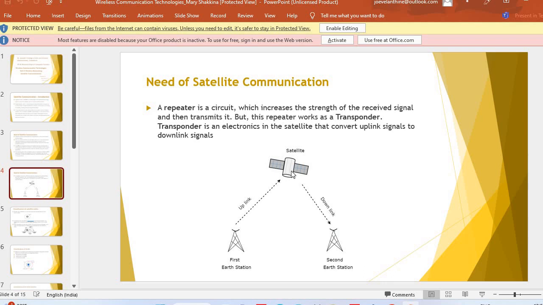The transponder is the electronic circuit present in the satellite that converts the uplink signal into the downlink signal. So, the important terms we have to remember are: what is uplink frequency, what is downlink frequency, and what is the work of the transponder. We should understand everything.